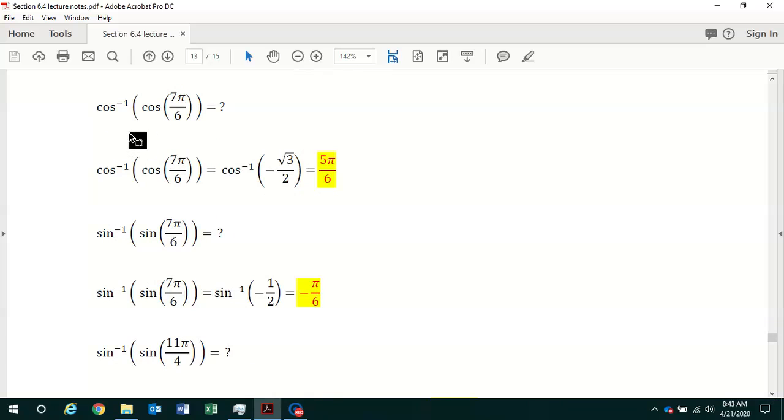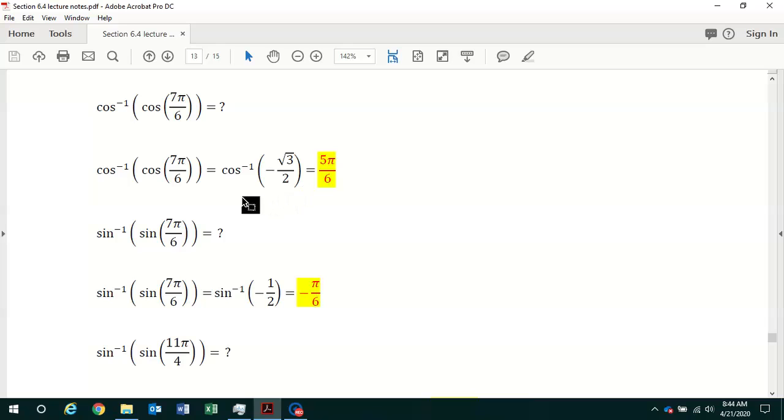All right, next we have to find the inverse cosine of the cosine of 7 pi over 6. From the unit circle, the cosine of 7 pi over 6 is equal to minus square root of 3 over 2. So this composite is equal to the inverse cosine of minus square root of 3 over 2.